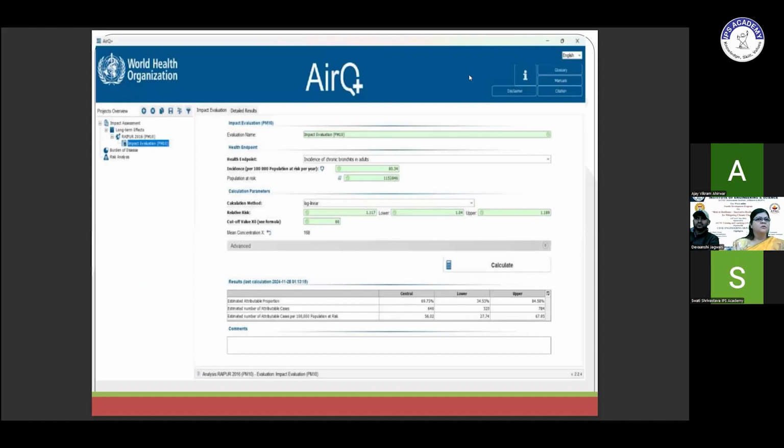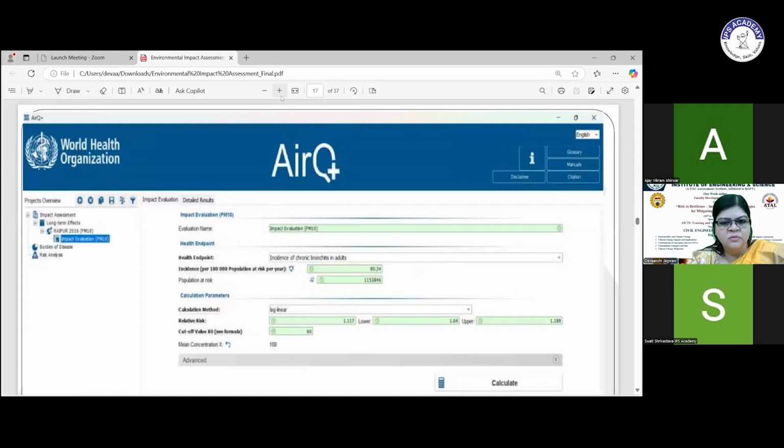Next, ma'am. This is the display of the AirQ model developed by WHO. Here, madam, please zoom it. This is for the health endpoint, incidence of chronic bronchitis in adults.